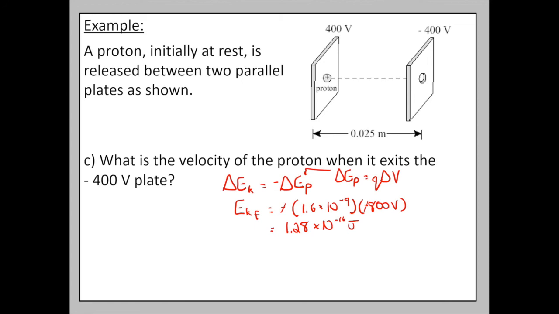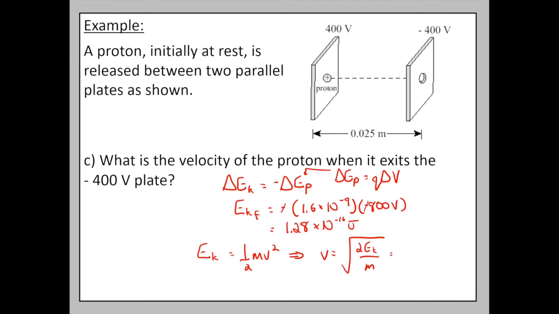Well, there's only one equation that we use when we're dealing with kinetic energy, and that's EK is equal to 1/2 mv squared. And we know that in this case, we can solve for v, and so v is equal to the square root of 2EK divided by m. This is where that whole negative positive thing would get in your way, because if you try to take the square root of a negative number, you're going to end up with an error.